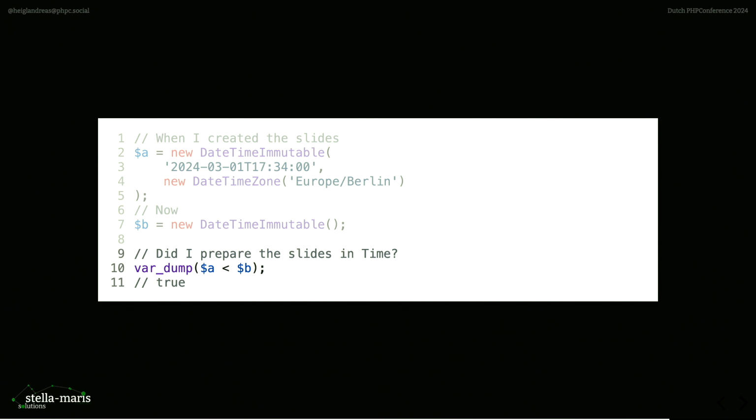And then I just compare them and check, is this earlier than that? And it gives me true or false. And that's awesome, because it does the check not based on the hour, minute, second thingy, but based on the Unix timestamp, actually. It does the conversion internally.